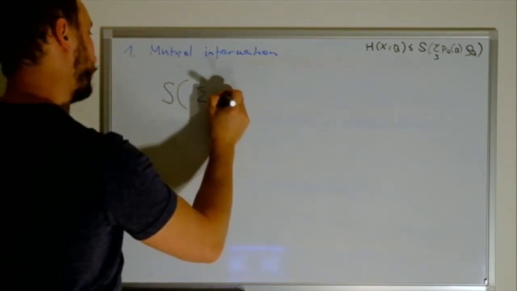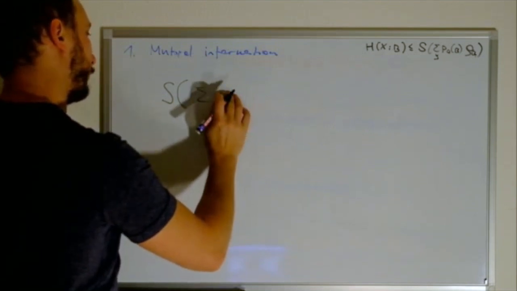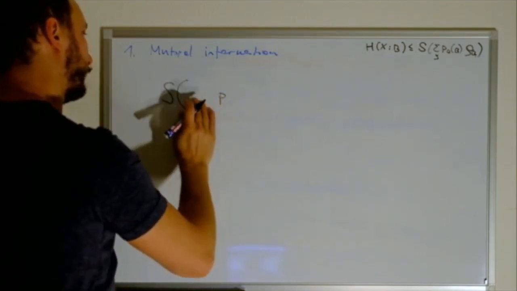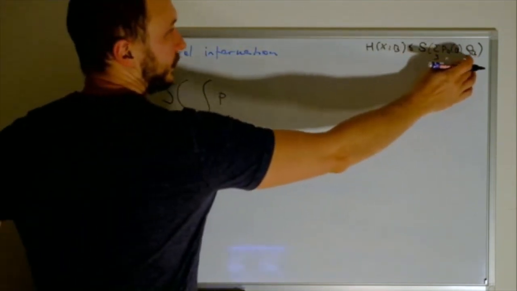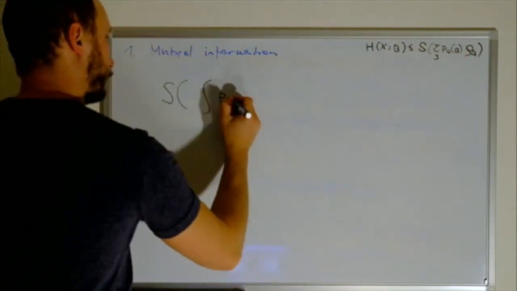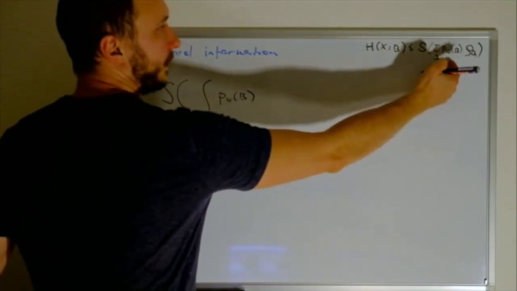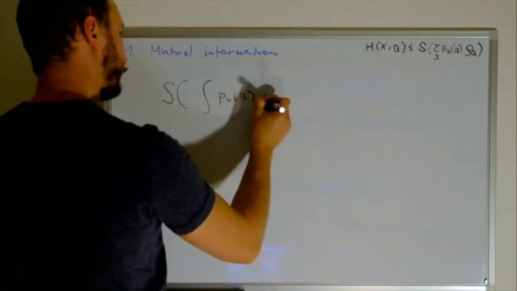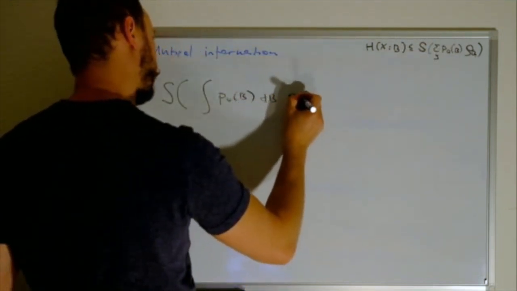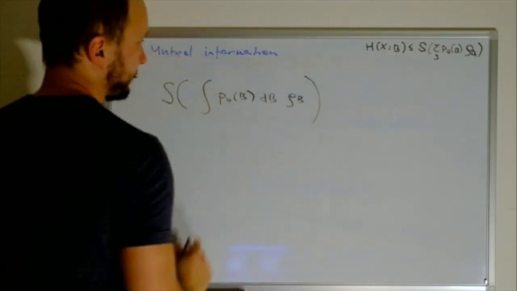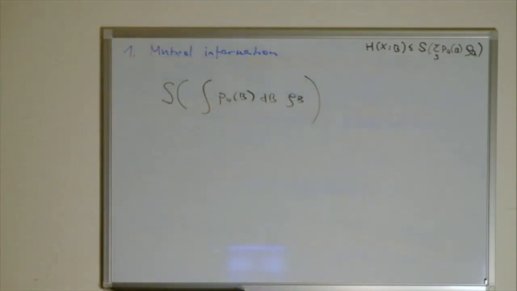In our case, this will be the integral as well. This is just the average state we get here, so it will be the same story: the integral of db p0 of b times rho of b. It's a density matrix. Yes, this is the entropy of the state.